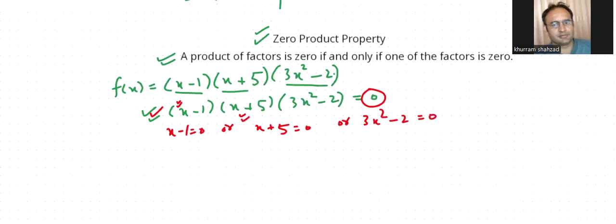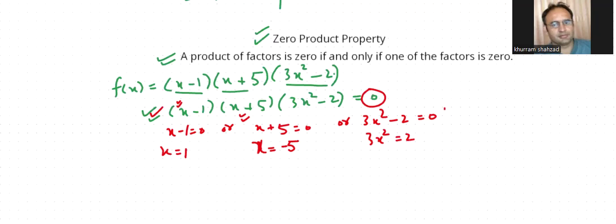We will take this negative 1 to the other side, so x becomes 0 plus 1, which is equal to 1. And we will take this plus 5 to the other side, so x is equal to negative 5. And now we will take this 2 to the other side, so this becomes 3x square is equal to 2. So now we have to solve this.